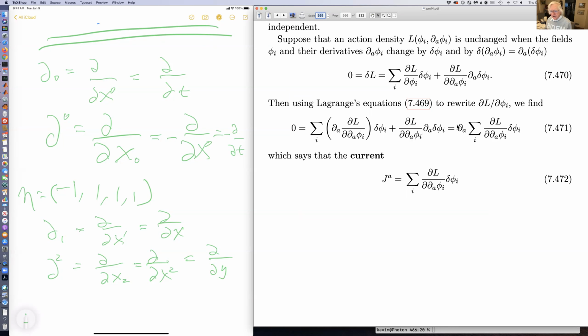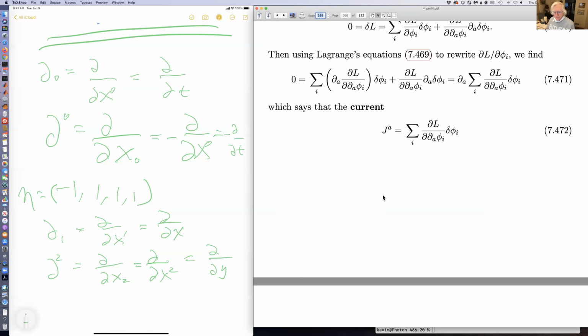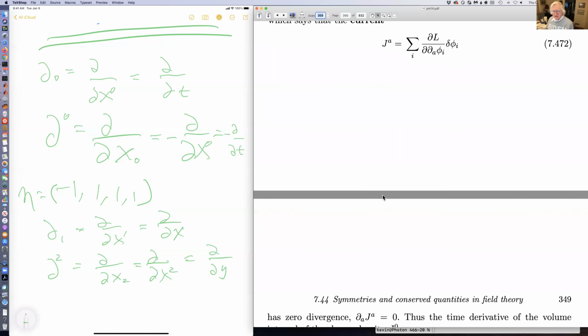So this is altogether a d by dx^a of this structure, in other words, this thing without the derivative. So that means that this current here has zero divergence.